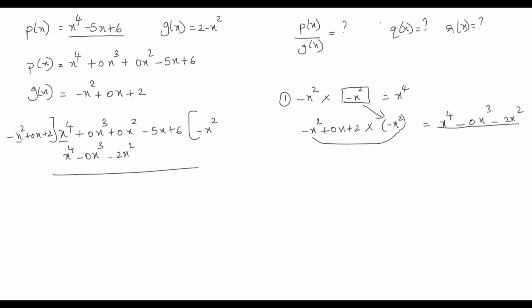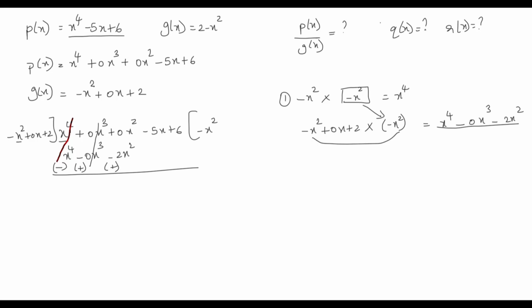Now change the sign, because x power 4 here is plus, so it will be minus, and this will again be plus because it is minus. Minus changes to plus. Now x power 4 and x power 4 get cancelled. And 0x cube minus 0x cube will be 0x cube, so there is no need of writing. So this will also get cancelled.